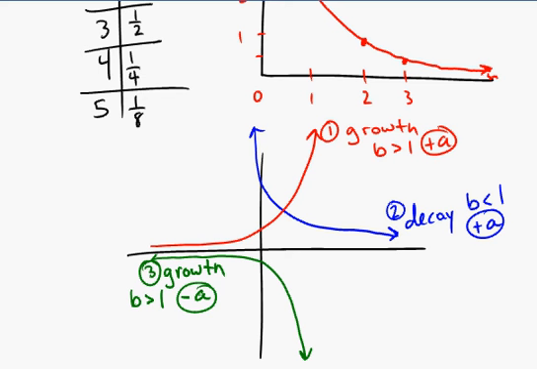That's the 2 options for b. The 2 options for a are a is either positive or negative. Okay? So if you have 2 options for each, you mix those up, there's a total of 4 combinations. So the last one we have to do is b is less than 1 and a is negative. Right? Number 4.